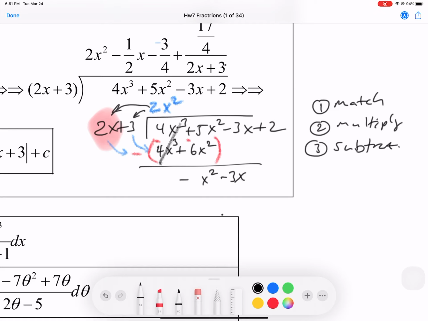How do we match? How do we match the x squared with the 2x with the x squared? Well, we want to get rid of the 2, so we're going to end up dividing. So we need to multiply by a negative 1/2 to make it negative, because we want to match the negative in front.